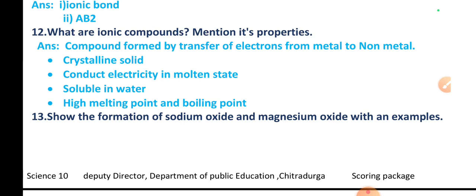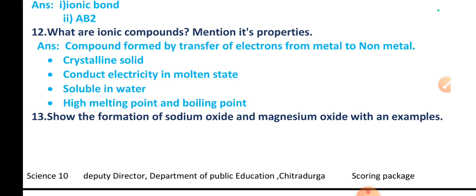Ionic compounds do not conduct electricity in the solid state, but they are good conductors of electricity in the molten state or in solution. Molten means it is a semi-liquid.